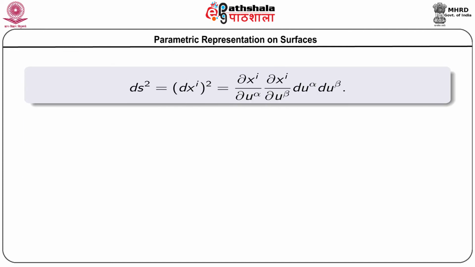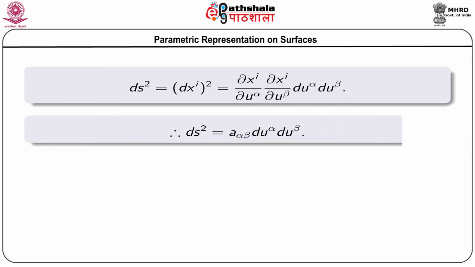Now, ds square, anything if we want to measure on that surface, so ds square equal to dxi whole square, and that can be expressed as del xi del u alpha del xi del u beta du alpha du beta. Alpha beta are the dummy indices and the summation is done over alpha beta.